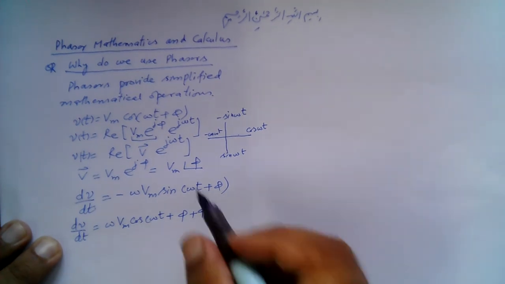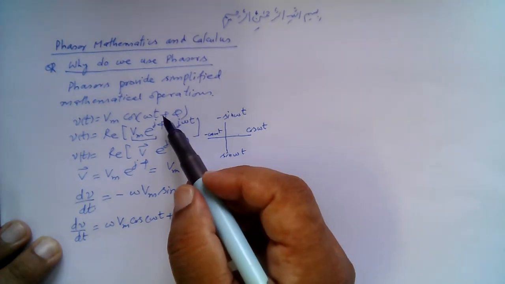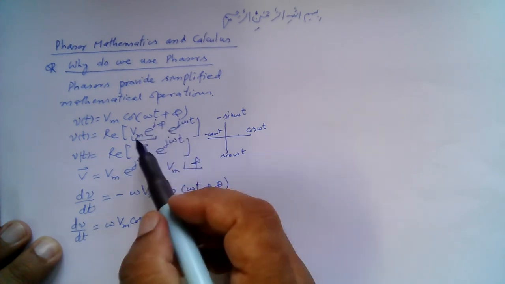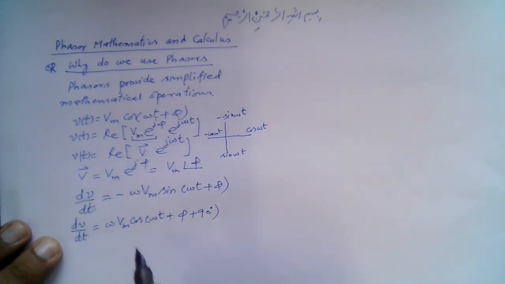Like we have represented this sinusoid using a complex number, we can similarly represent this derivative using a complex number.